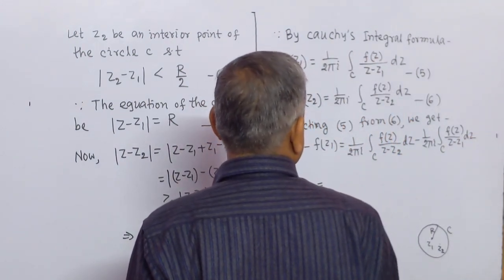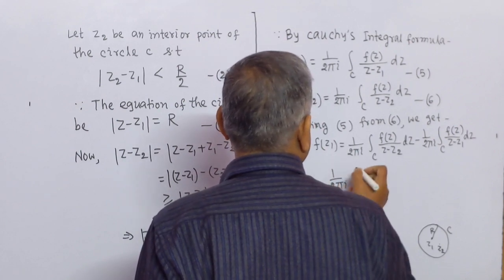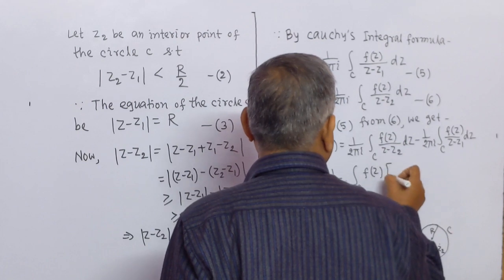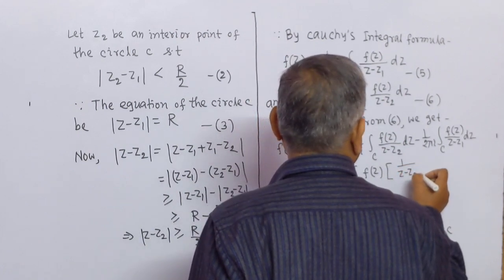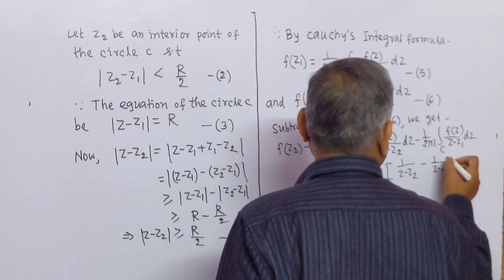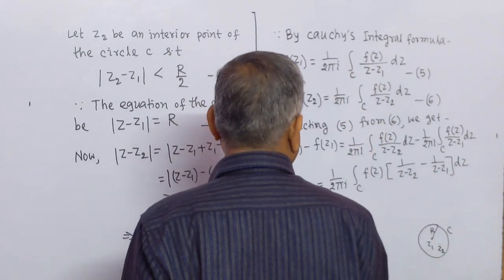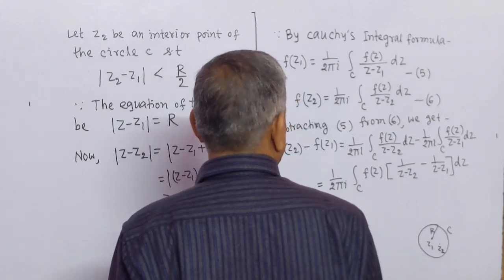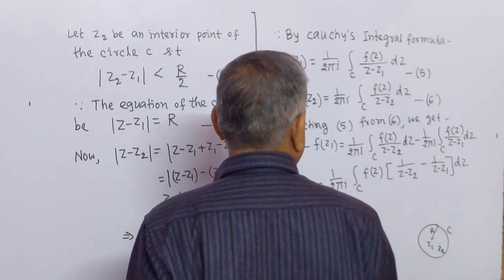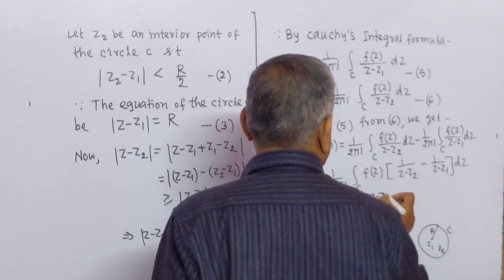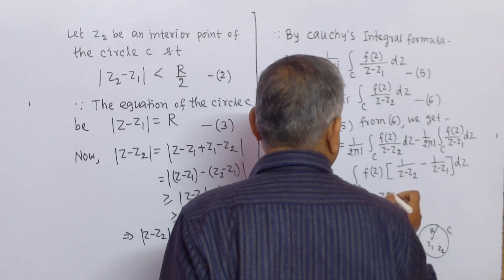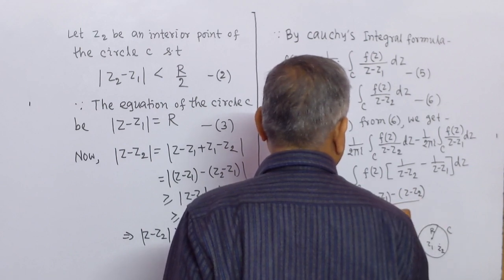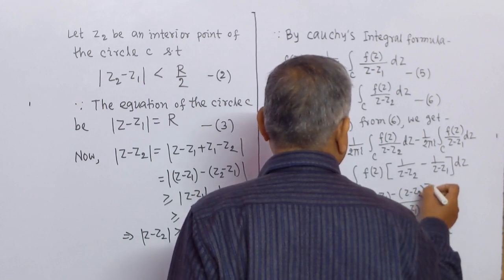This equals 1 by 2 pi i integration along the circle C, f(z) times (1 by z minus z2 minus 1 by z minus z1) dz, which equals 1 by 2 pi i integration along the circle C, f(z) times (z minus z1 minus z minus z2) by (z minus z2)(z minus z1) dz.